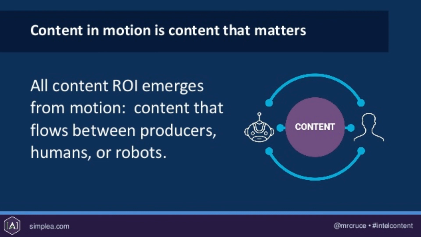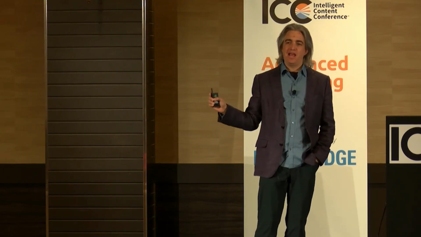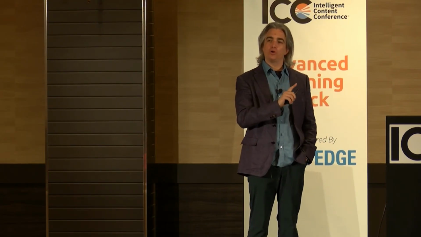Content in motion is content that matters. All content ROI emerges from motion. Content that is flowing between producers and humans and robots. If the content is at rest, and no human or robot is interacting with that content, it is not fundamentally valuable.